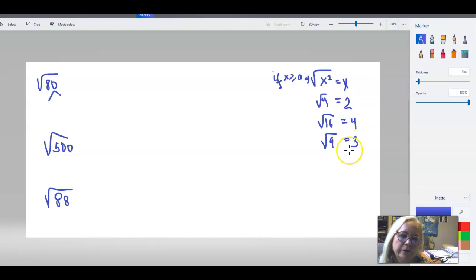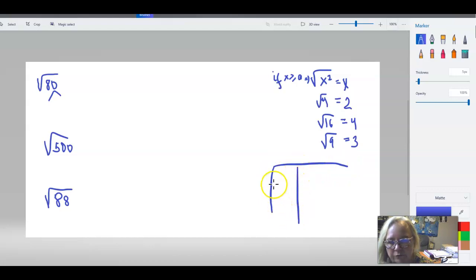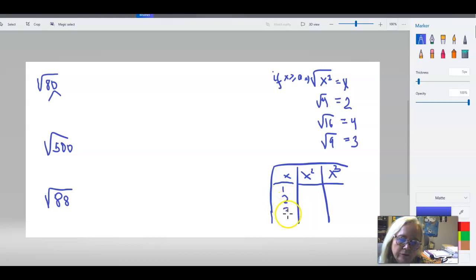I would recommend you to have a chart with perfect squares and even perfect cubes. Here you have a number, here you have x squared, here you have x cubed. Having a chart will help you to factor and to use special products formulas and so on. I would advise you to have it till 20.